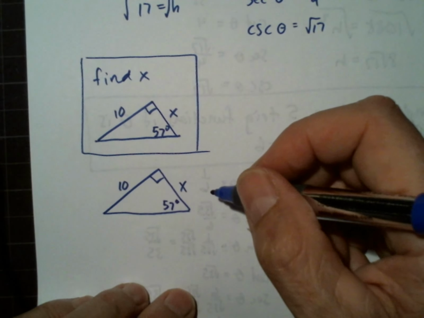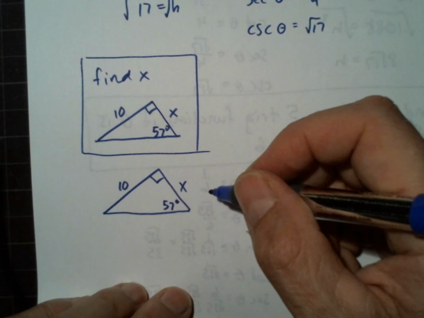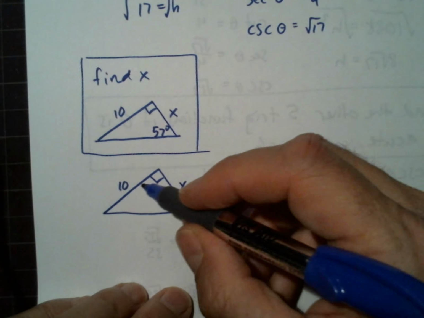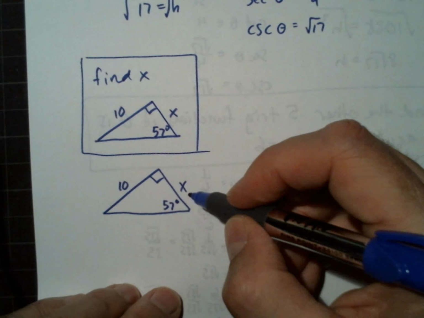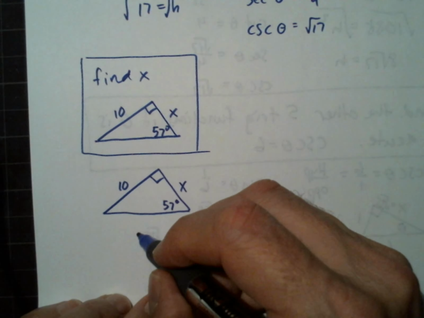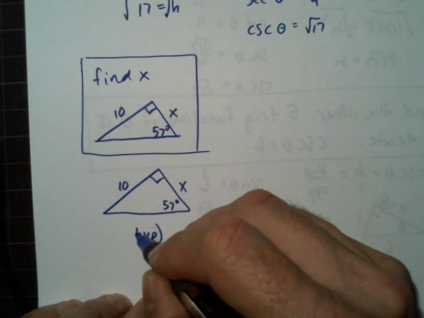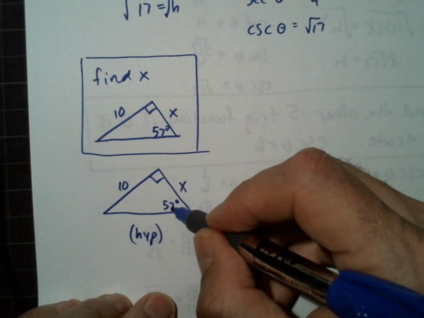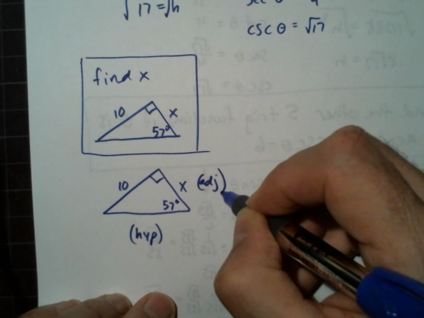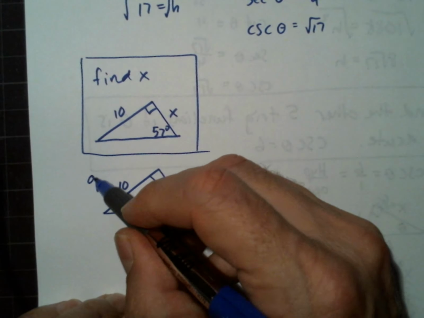So we have to label the sides and then look at what we want to find and what we know, and then find a trig function that has those sides in it. So let's label, this is the hypotenuse. This is adjacent to the angle. And this is opposite of the angle.